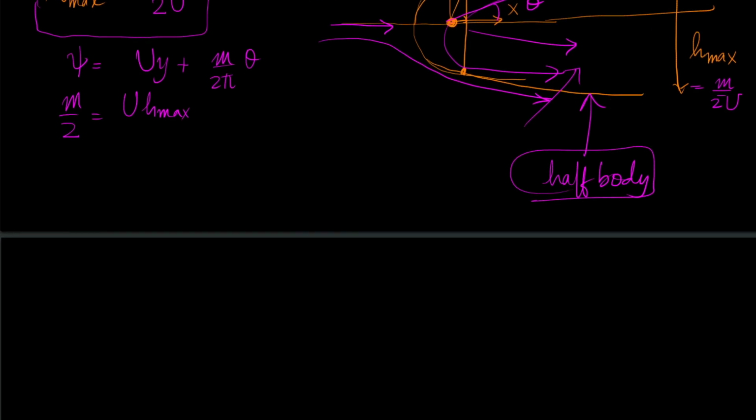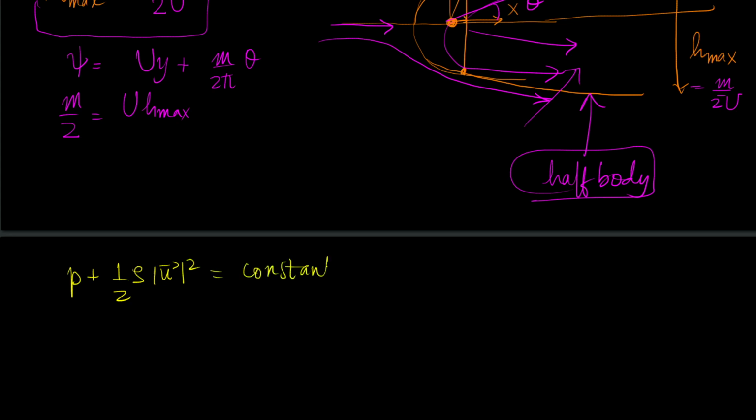So we can find out the pressure distribution on top of the half body. Using Bernoulli theorem, and the reason we can use Bernoulli theorem is because the flow is irrotational everywhere, we can write down P plus half rho u square, the magnitude of the velocity square, is equal to constant. So what is the flow at infinity?